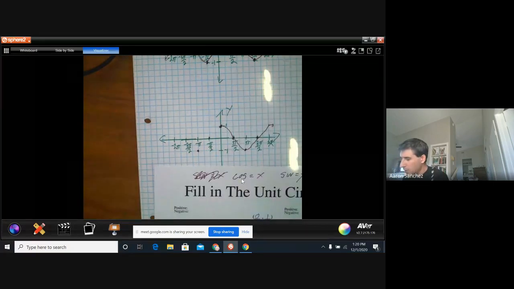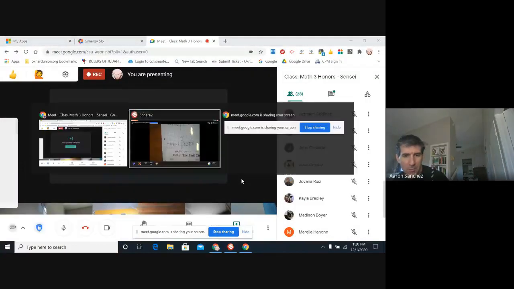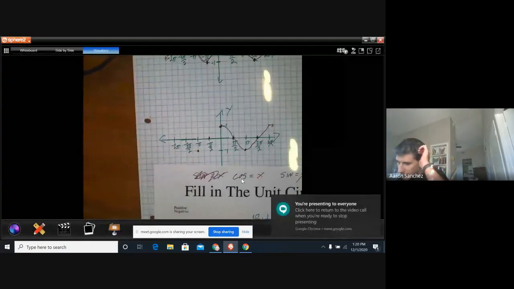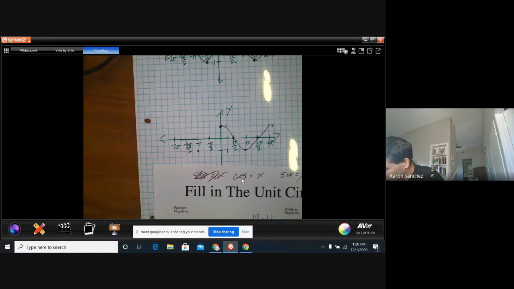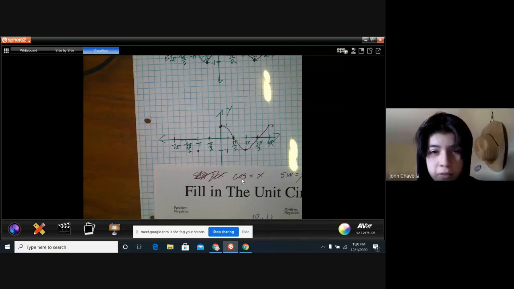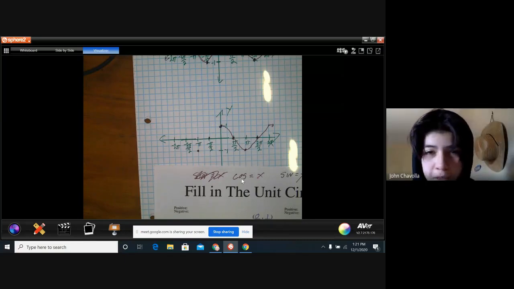Okay, negative 3 pi over 2. Remember, going backwards on the unit circle. Hopefully that makes sense. The backwards is a little bit more challenging. Let's say, John, what is cosine of negative 3 pi over 2? Wait, what was the question again?